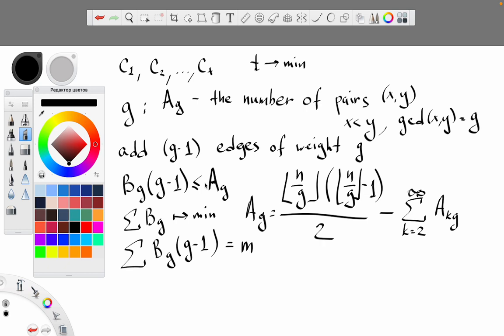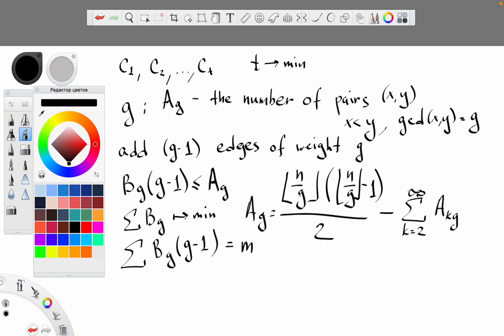Just take the biggest number we can. I don't know if it's true. But it should be true, right? AJ are non-increasing, it seems.